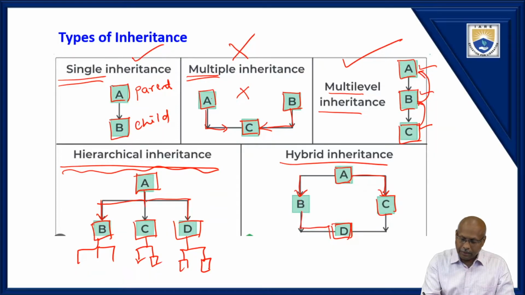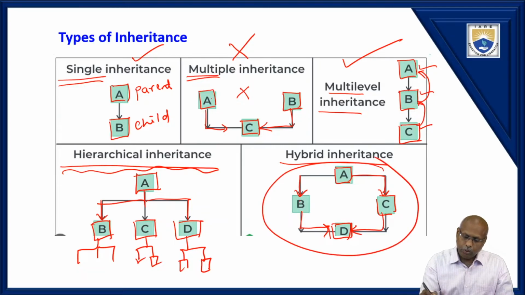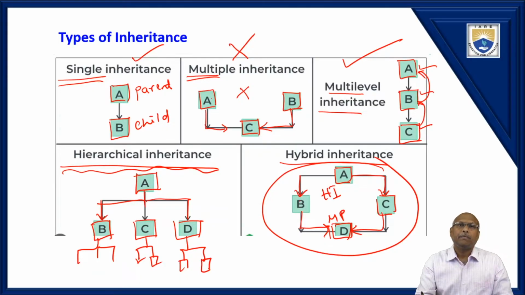That means this is multiple inheritance. So in this diagram, you are observing two inheritances. Here hierarchical inheritance, here multiple inheritance. Whenever we are having more than one type of inheritance, that is called hybrid inheritance.